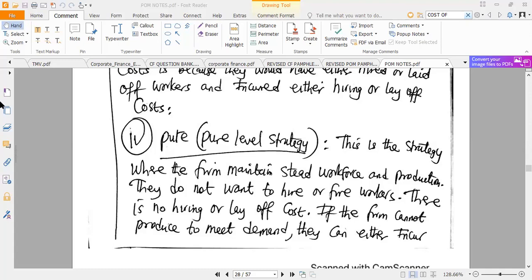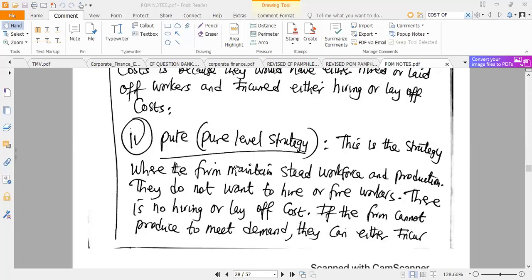Let us be a bit quiet so that I can explain clearly for people to understand this strategy. It's a strategy where the firm maintains steady workforce and production.